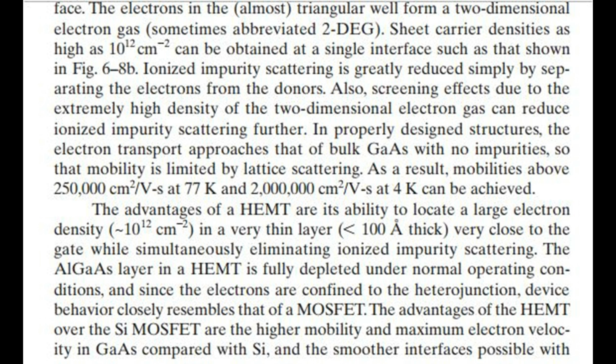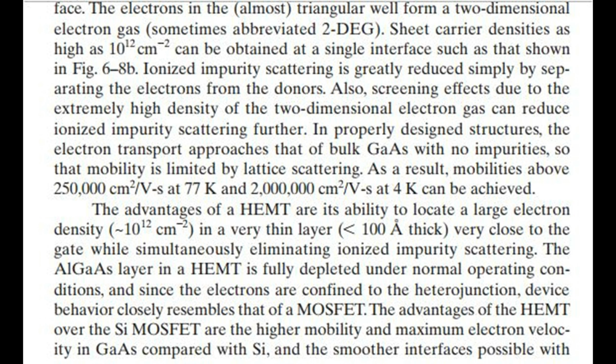In properly designed structures, the electron transport approaches that of bulk gallium arsenide with no impurities, so that mobility is limited by lattice scattering. As a result, mobilities above 250,000 square centimeters per volt-second at 77 kelvins and 2 million square centimeters per volt-second at 4 kelvins can be achieved.